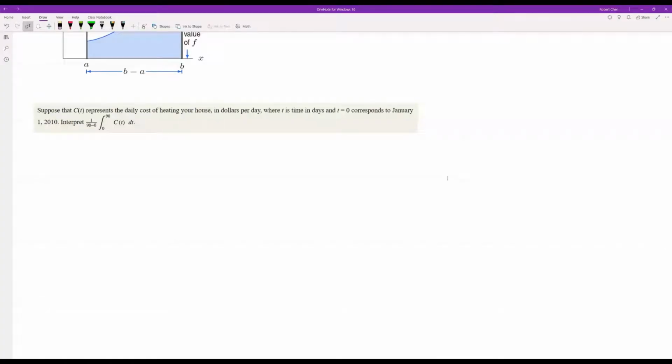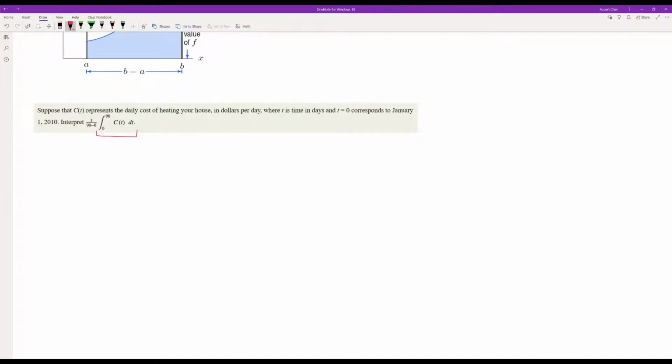All right, let's take a look at our first example. Suppose that capital C of T represents the daily cost of heating your house in dollars per day, where T is time in days. T equals 0 corresponds to January 1st. Interpret 1 over 90 minus 0 times the integral from 0 to 90 of C of T. First, let's determine what the integral is.